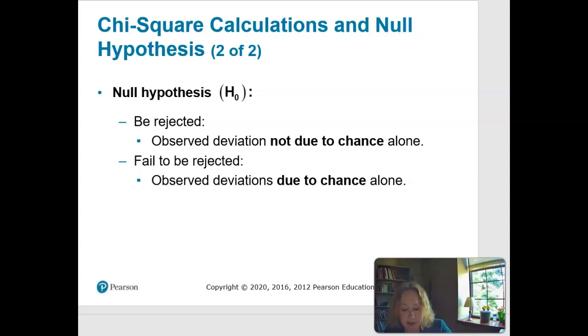You want to say, no, this was not just chance. I actually performed an experiment and I got the correct results. If you fail to reject your null hypothesis, it's saying that your observed deviations are just due to chance. By random chance, this thing happened. By random chance, all of the P's were wrinkled or smooth.